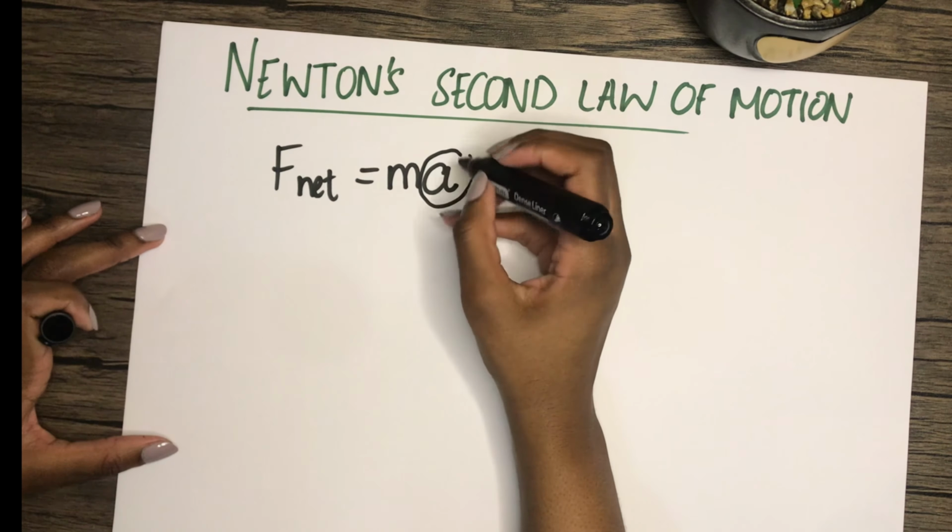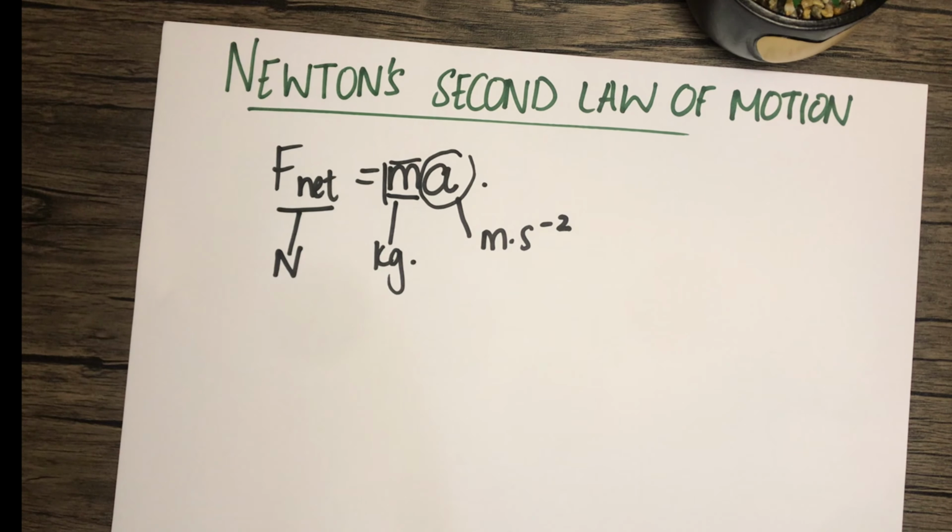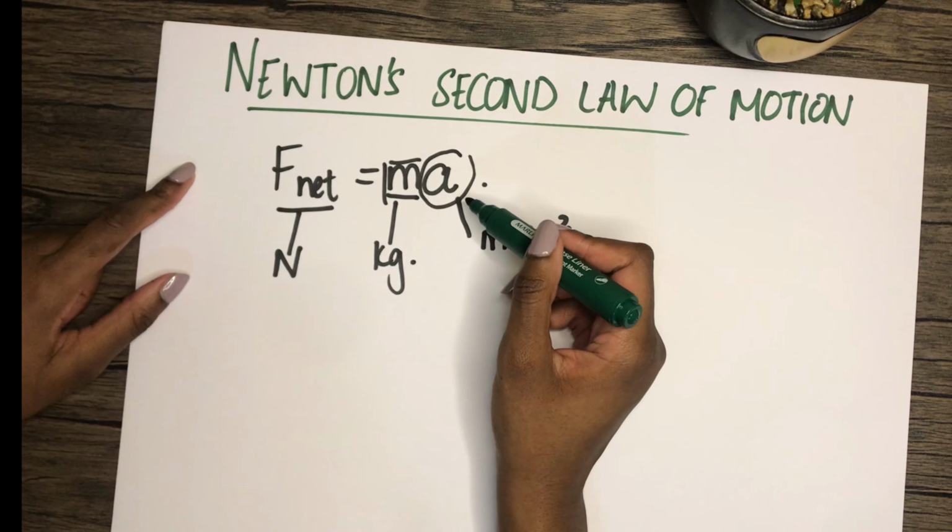So the rule is generally we use kilograms for the physics component and grams for the chemistry component, right? So between these three variables, F net, m, and a.